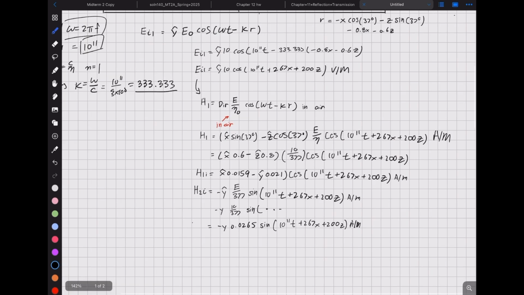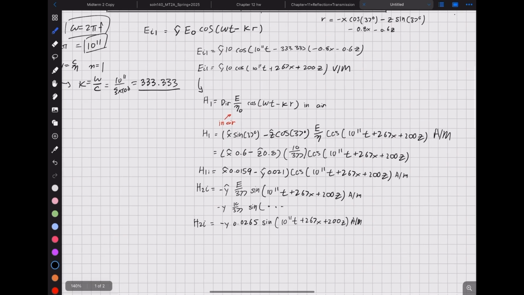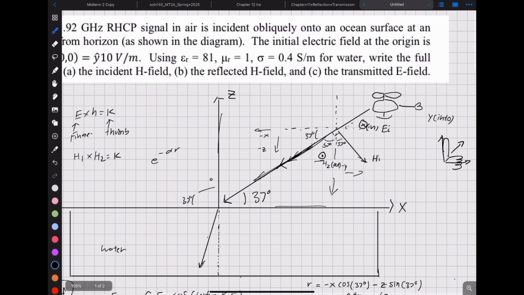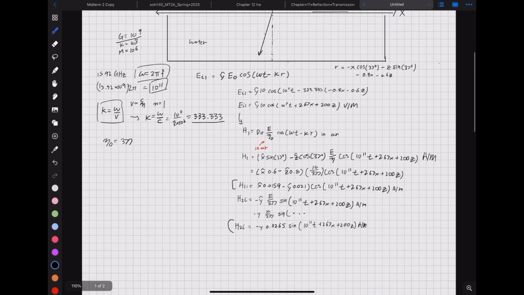H2 of I. And that's it for finding the H incident for both of these.